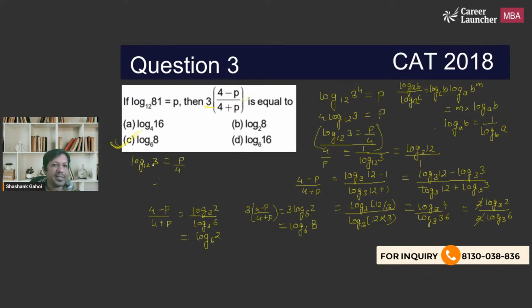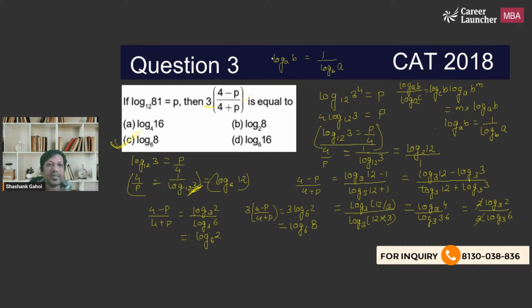So if I take the reciprocal, I can say that 4 upon p is equal to 1 upon log base 12 of 3. Right? So I am taking the reciprocal. Got it? And this value can be written as 1 upon log base 3 of 12. So basically, this is how we can do it. Because when you take the reciprocal, these two values interchange. So I can say that log A base B is equal to 1 upon log B base A.